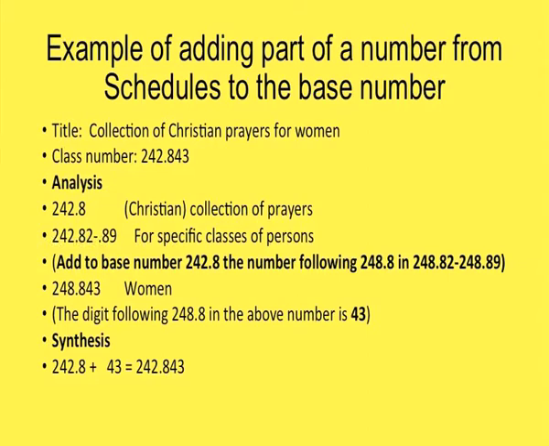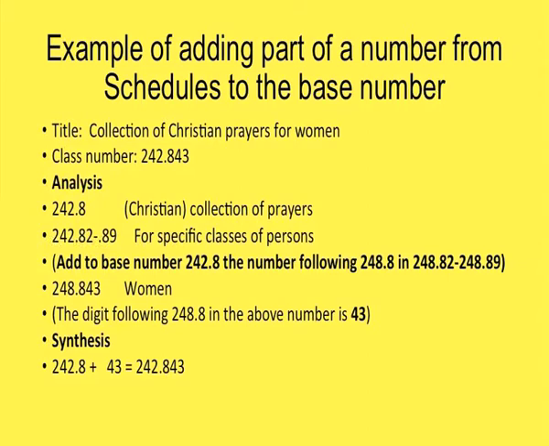Here the base number is 242.8 and we have been instructed to add the number which follows 248.8 in the sequence 248.82-248.89. The number for women under this sequence of numbers is 248.843. So, we have to add the digits which follow 248.8, that is 43. 43 is the number which has to be added to the base number for women.